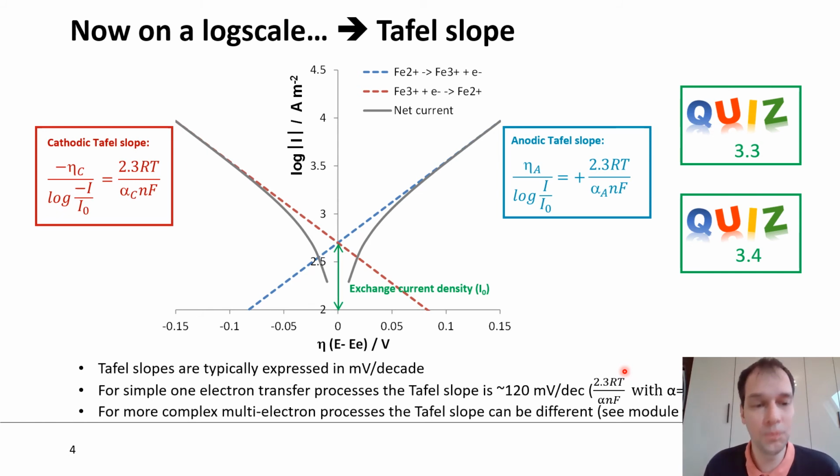Now, for more complex reactions, that's no longer the case. Then Tafel slopes can also differ, and we will extensively discuss that in screencast 3.3. Now, to practice a bit with this, I would recommend you to carry out quiz questions 3.3 and 3.4.